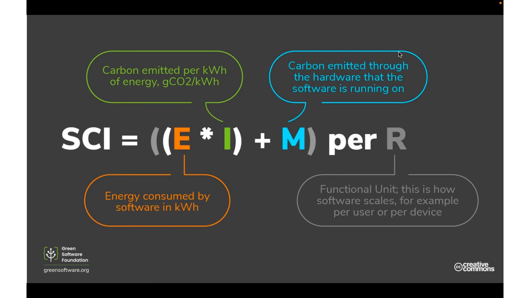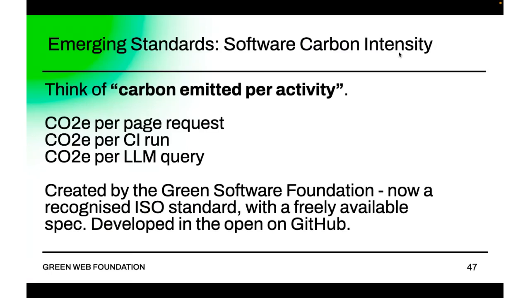R is the per thing, like per web page, per LLM lookup or something like that. And I do apologize, every single time I look at this, it's a bit of an overwhelming slide, especially on day 3 of a conference when everyone's a bit tired, all right? So it might be easier just to think CO2 per thing like that. That might be easy. It's basically the same thing.